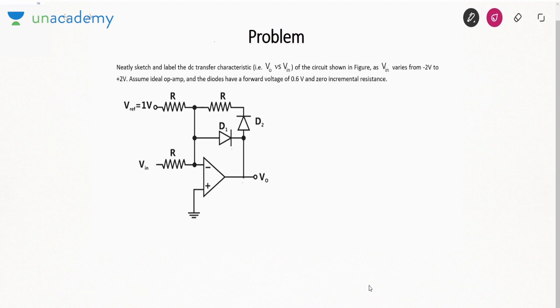If you see here, there are two sources, Vin and Vref. Instead of dealing with two sources, I apply a Thevenin equivalent. So I'll draw this much circuit and remove the rest of the circuit.